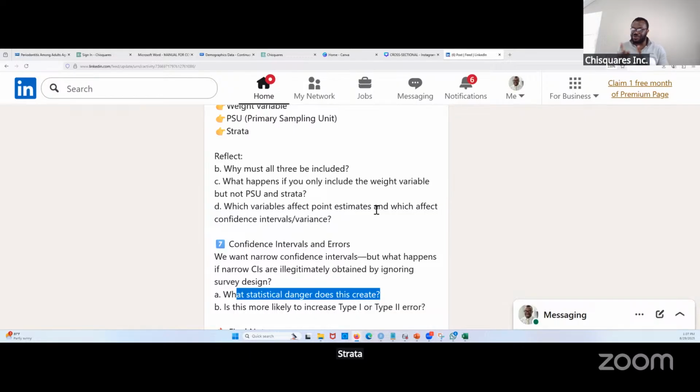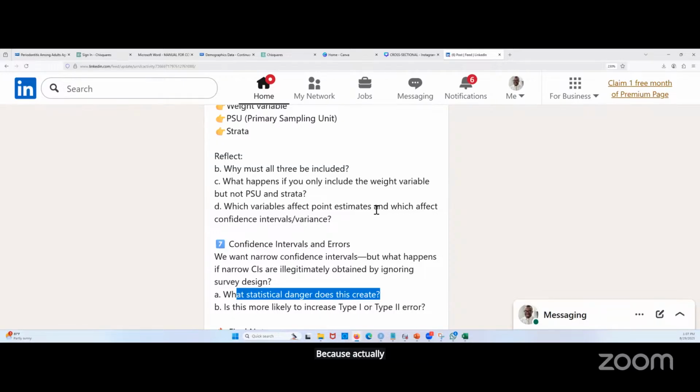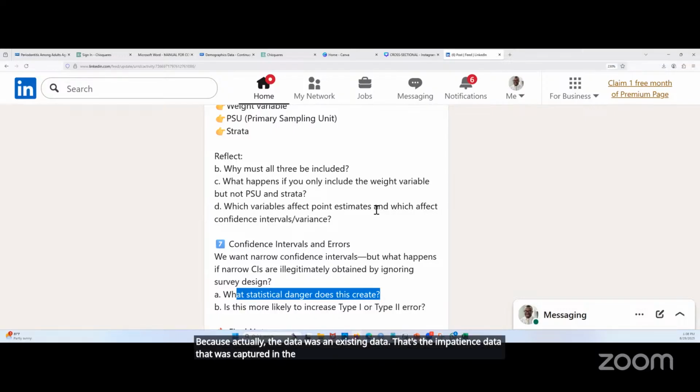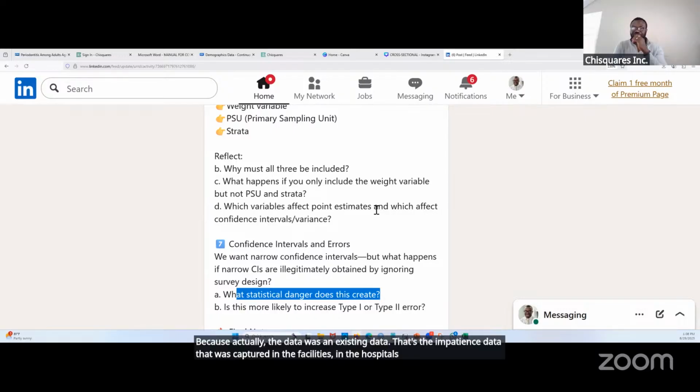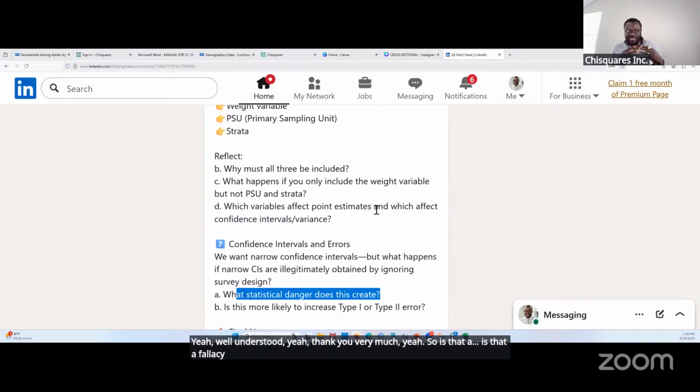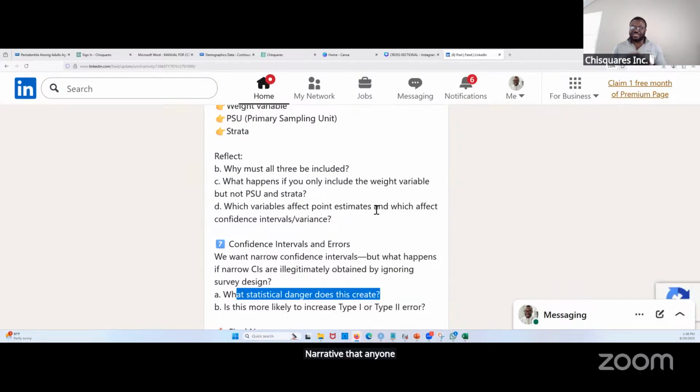I need someone to critique that. The data was existing data, the inpatient data captured in the facilities, in the hospitals. Yes, well understood, thank you very much. So is there a fallacy, or is there a loophole in that narrative that anyone wants to critique?